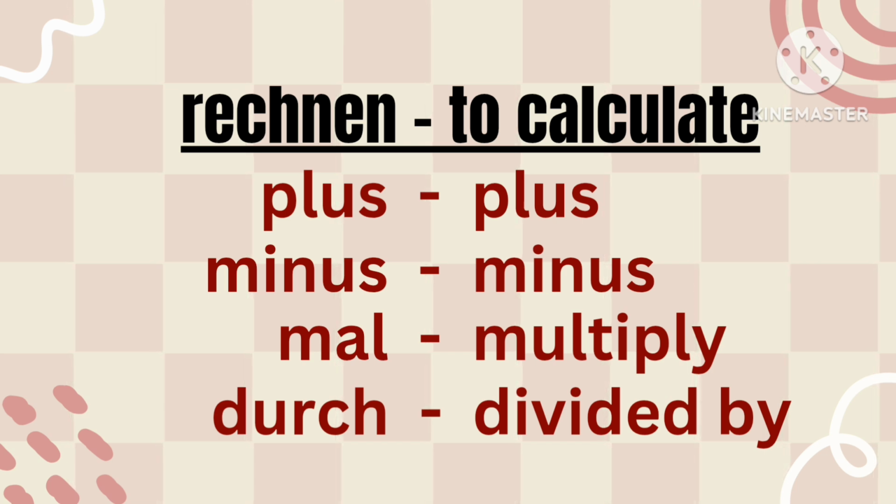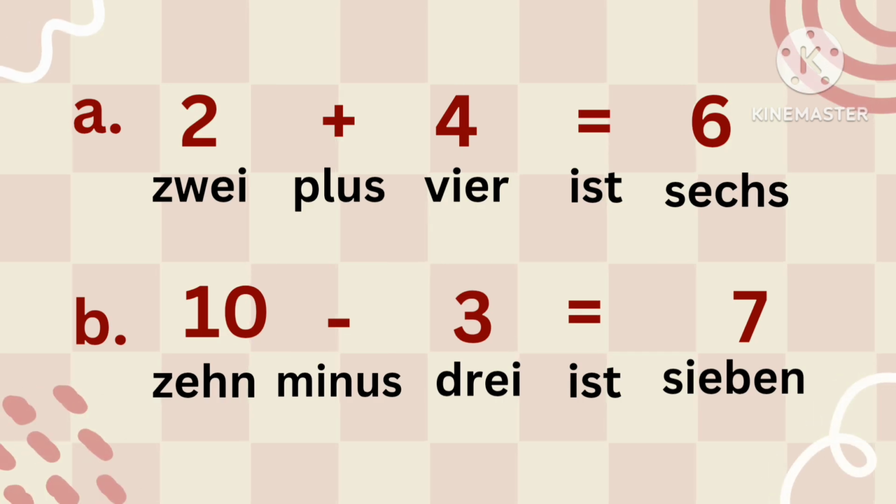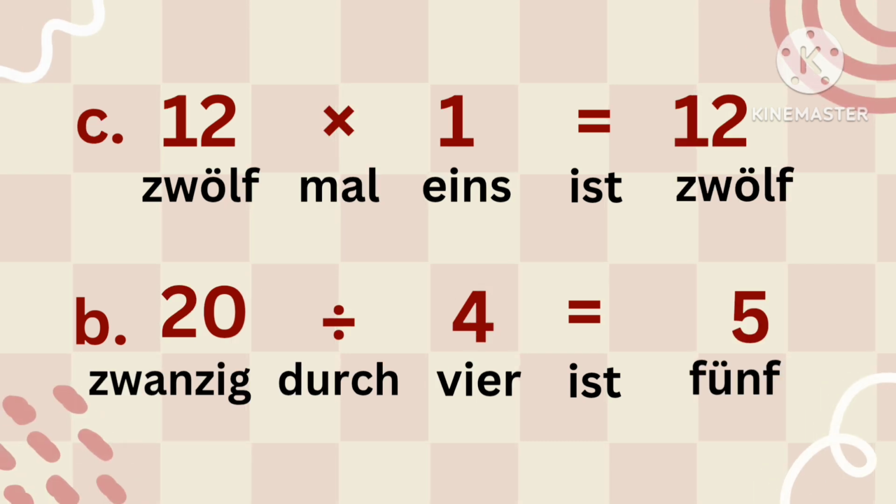For this activity, we need these terms. Plus is plus, minus is minus, mal is multiply, durch is divided by. Zwei plus vier ist sechs, zehn minus drei ist sieben, zwölf mal eins ist zwölf, zwanzig durch vier ist fünf.